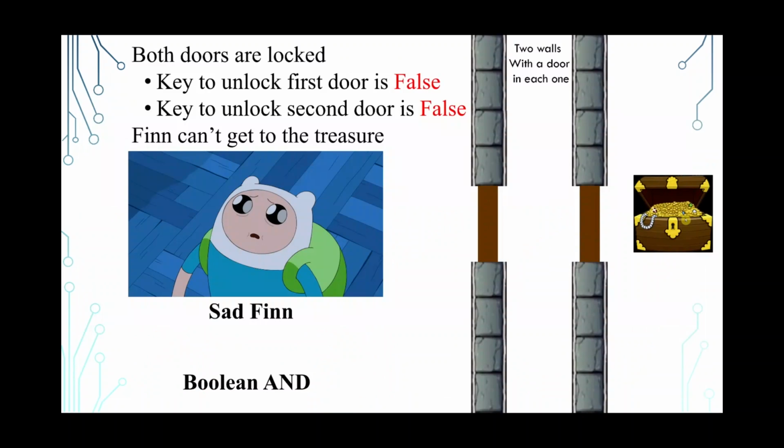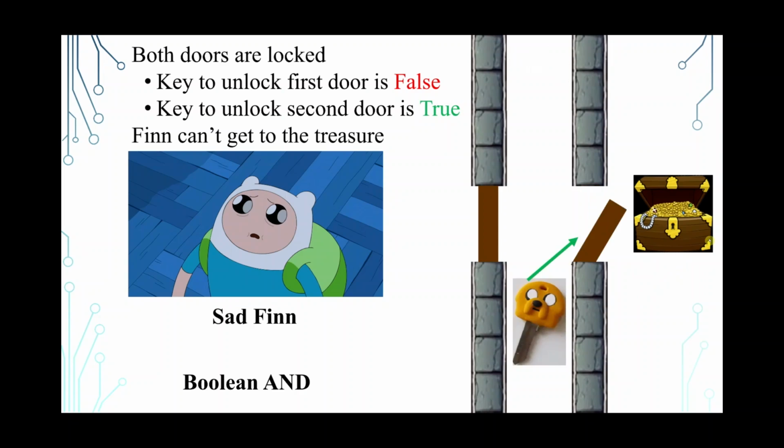It's like you have two walls with doors in each one. If you have double doors and either of them is closed, you cannot get to the treasure, right? If either one is open, still you cannot get to the treasure because this one is open, but this one is closed.